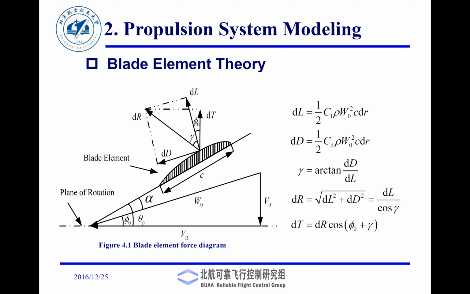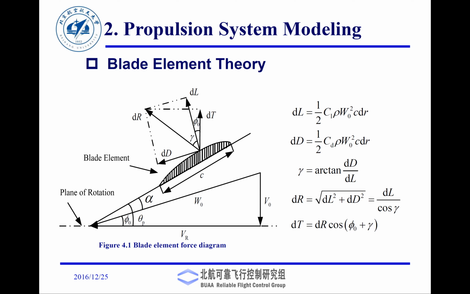And at the end, if you want to find out the total thrust, this is very important. Total thrust is the component of the resultant force in the vertical direction. Resultant force is dr. The cosine of theta naught plus gamma is going to be dt.